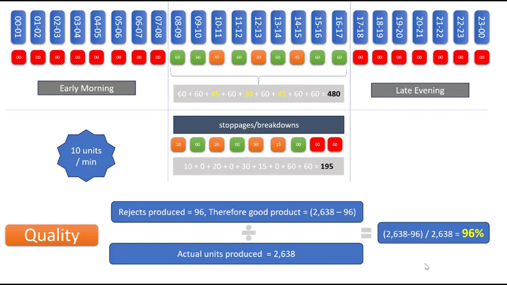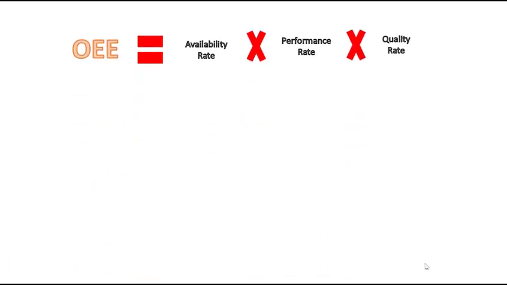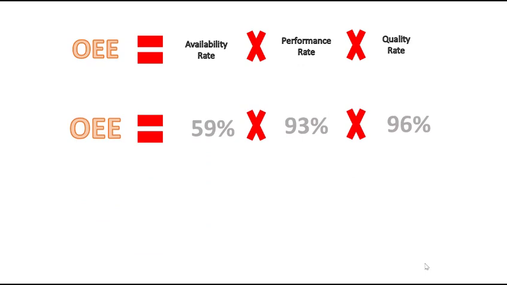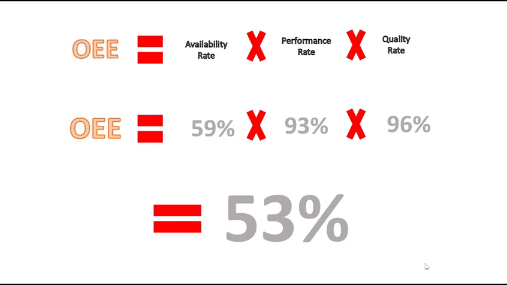And the ratio of good product to total product is the quality yield rate. In this case, it is 2,542 divided by 2,638. This is 96%. So OEE is availability rate times production times quality rate, which in this example is 59% times 93% times 96%, which is equal to 53%.